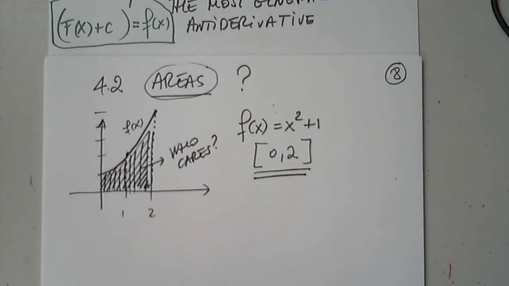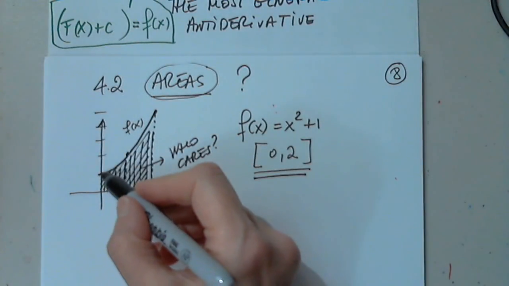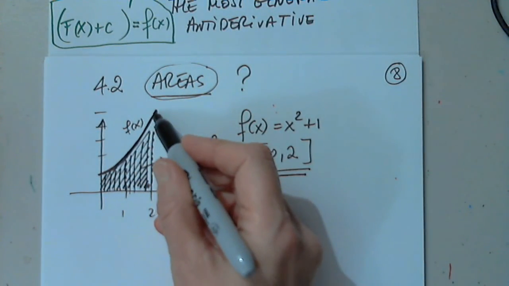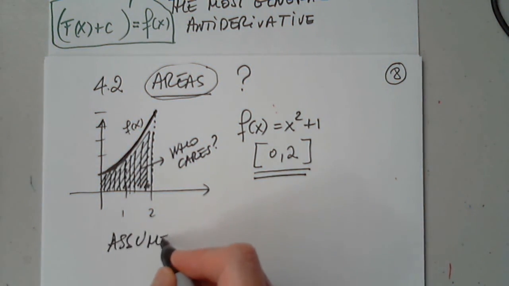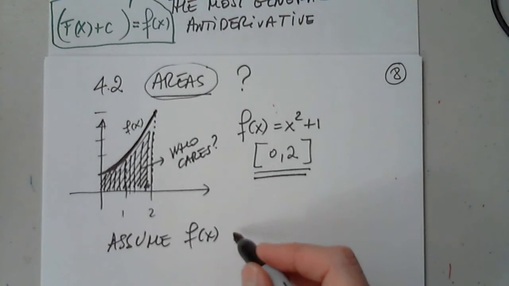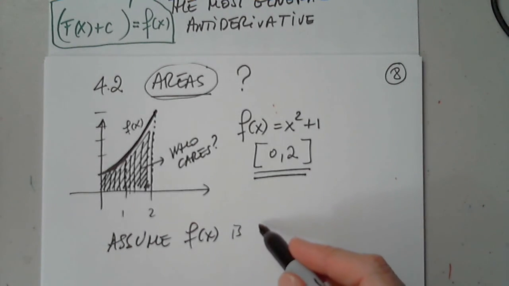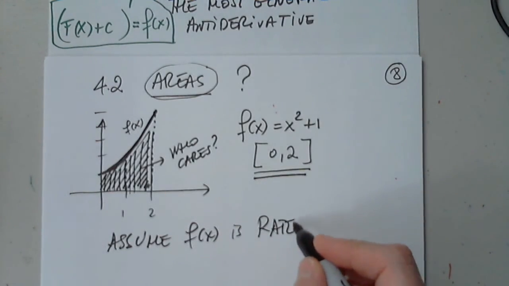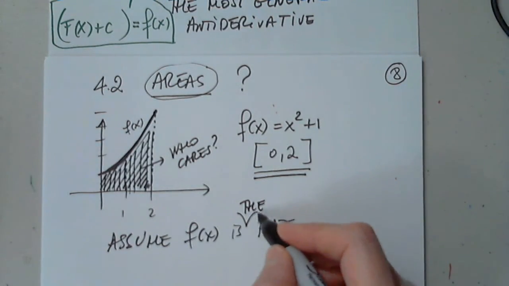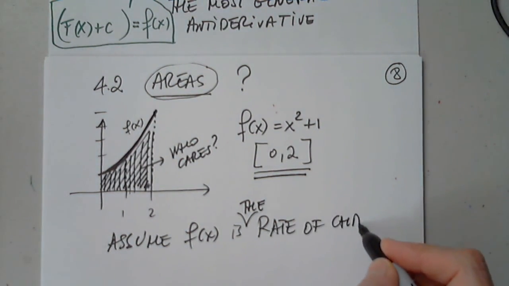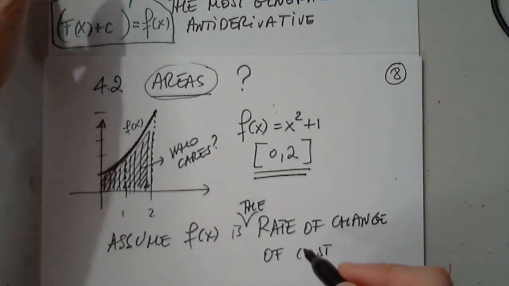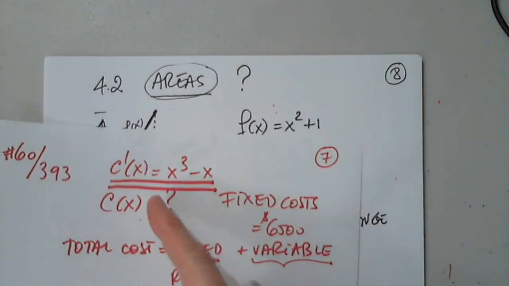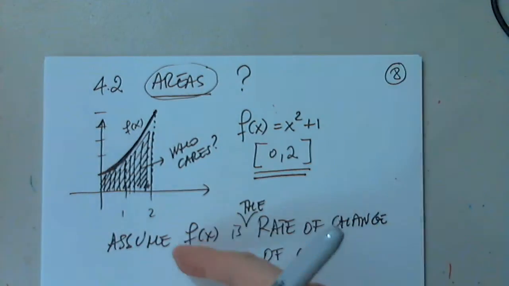Here's the answer. Assuming that f of x is the rate of change of cost. Let's say it's this function. Let's say f of x is c prime of x.